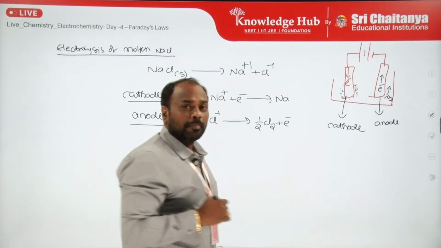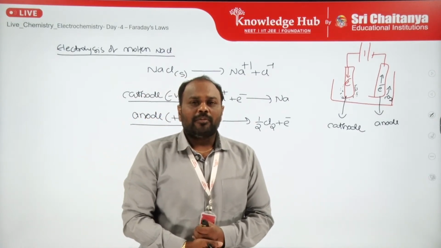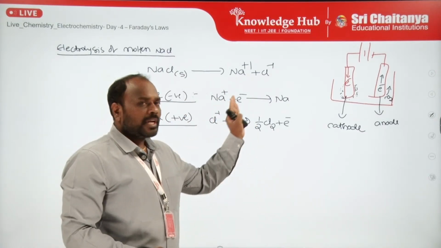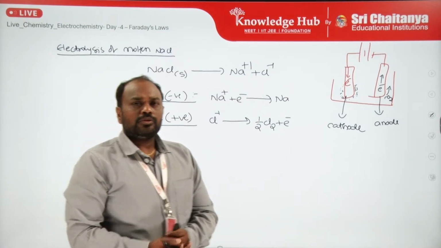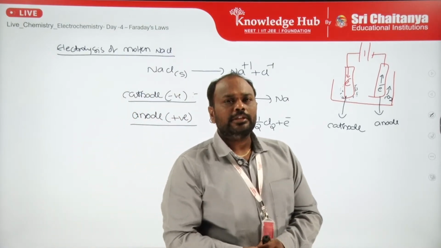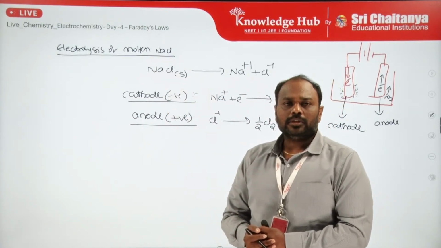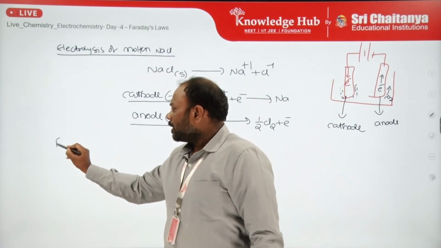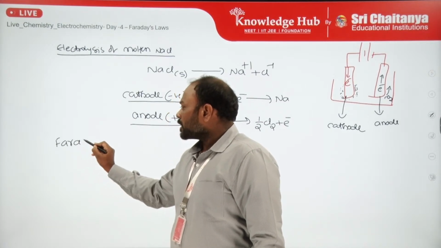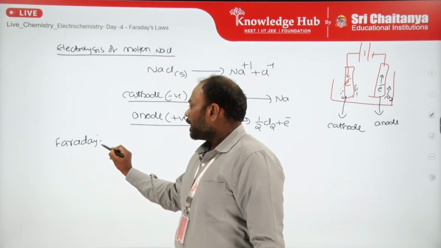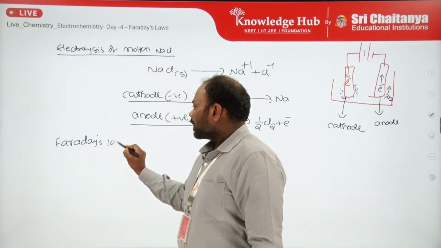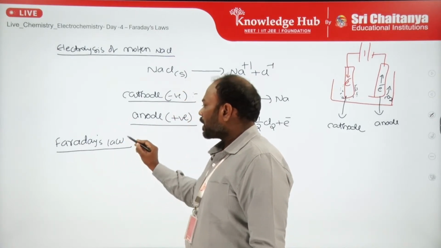So by passage of current, the elements are deposited at the respective electrodes. How much quantity of substance is deposited at an electrode is given by Faraday's laws. So what is the use of Faraday's law? How much quantity of substance is deposited at the respective electrode is given by Faraday's laws.